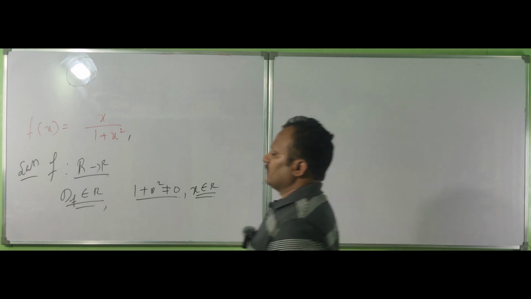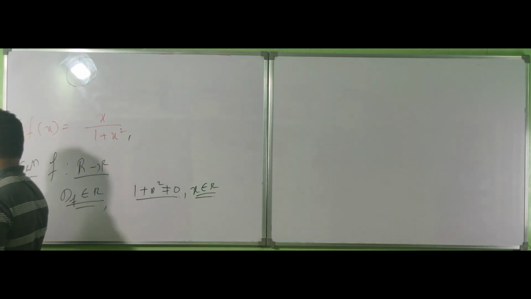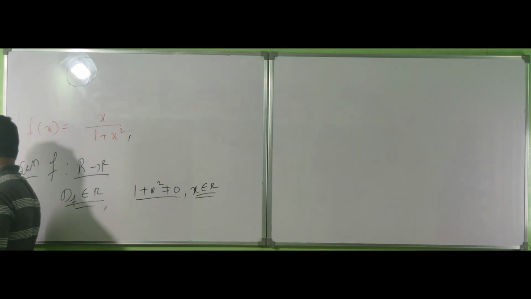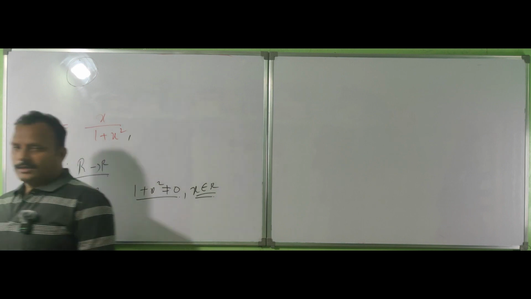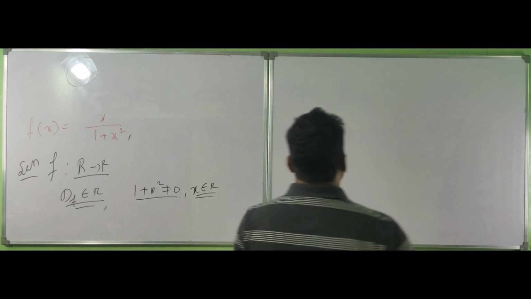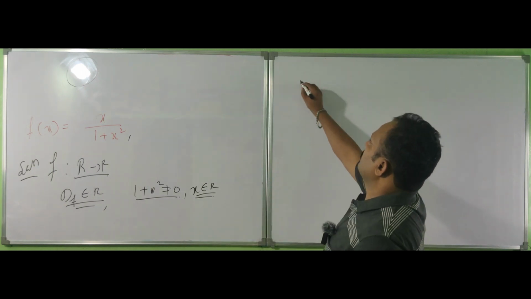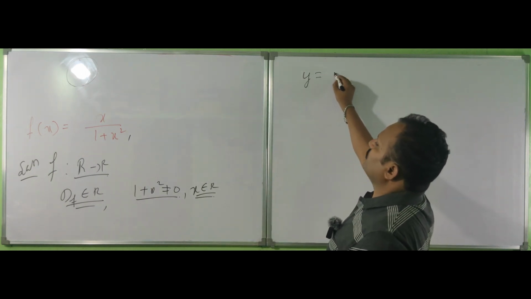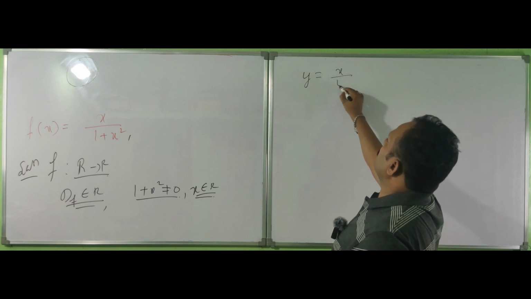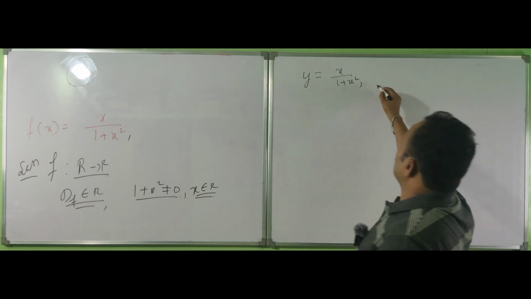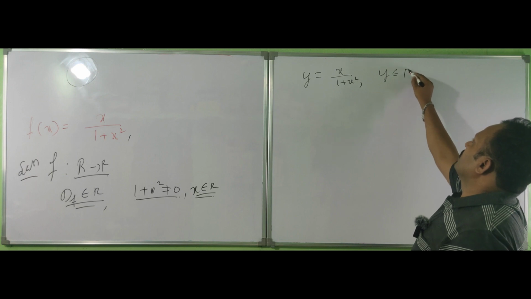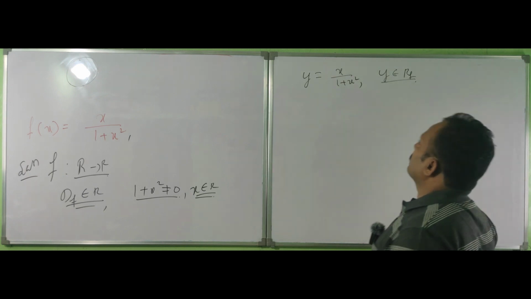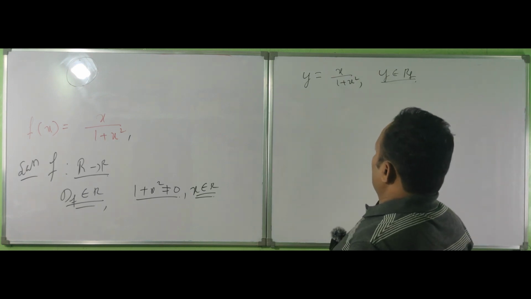What condition is given again? If 0 belongs to the domain, I put x equal to 0. For the range, we take y equal to x over 1 plus x square, and y belongs to the range.